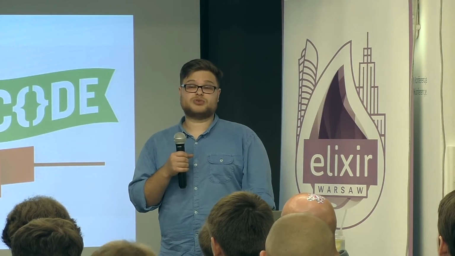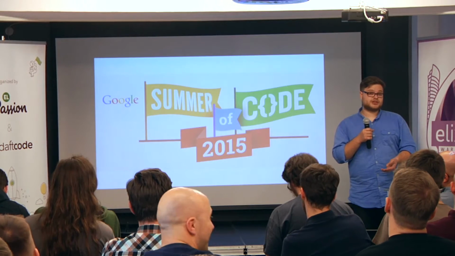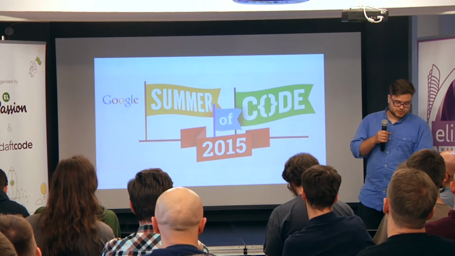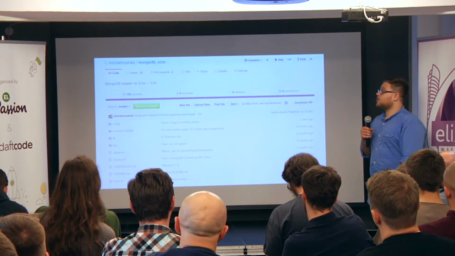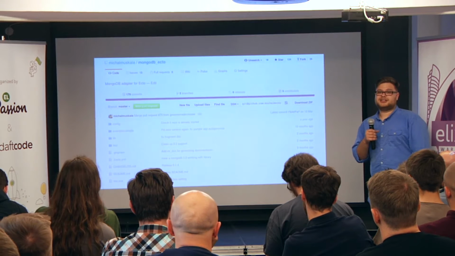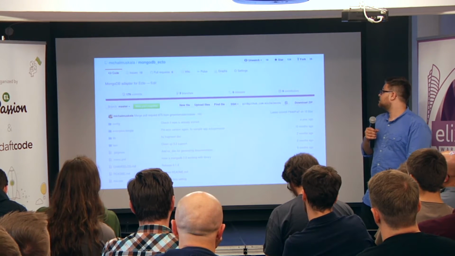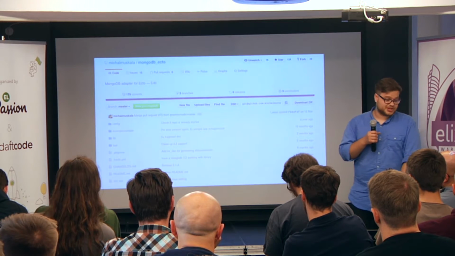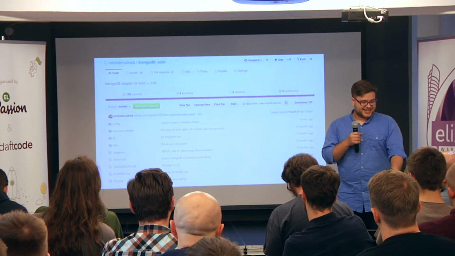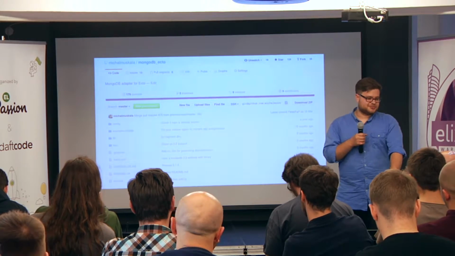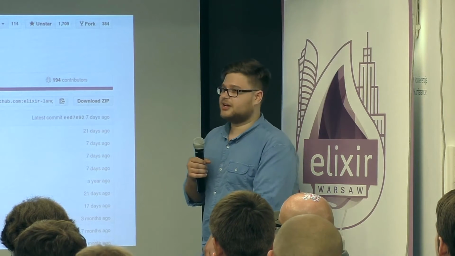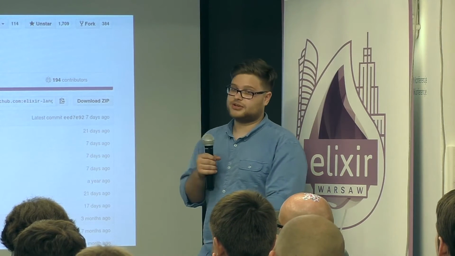My project was called NoSQL Adapters for Ecto. As a result of this project, there is a MongoDB adapter, and I also think there are a couple of people using it in production. And as a result of the project, I also became a core team member of Ecto itself.